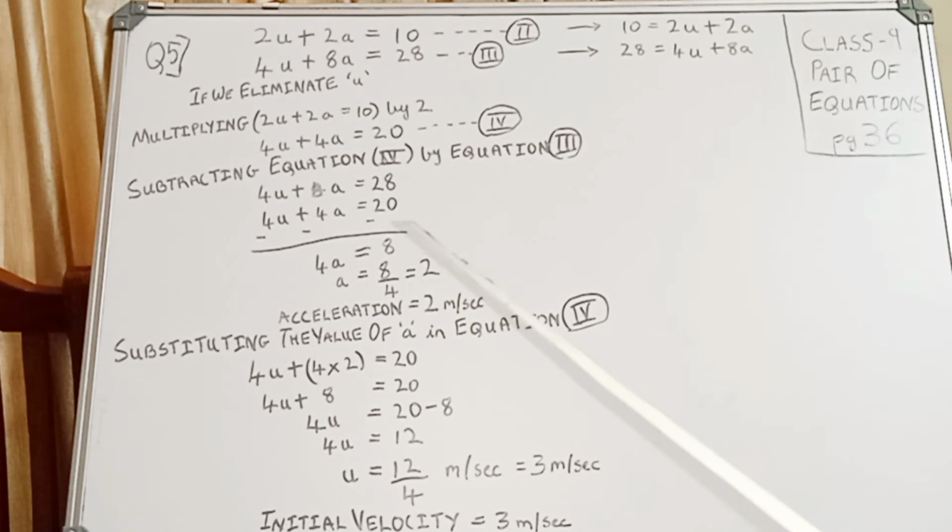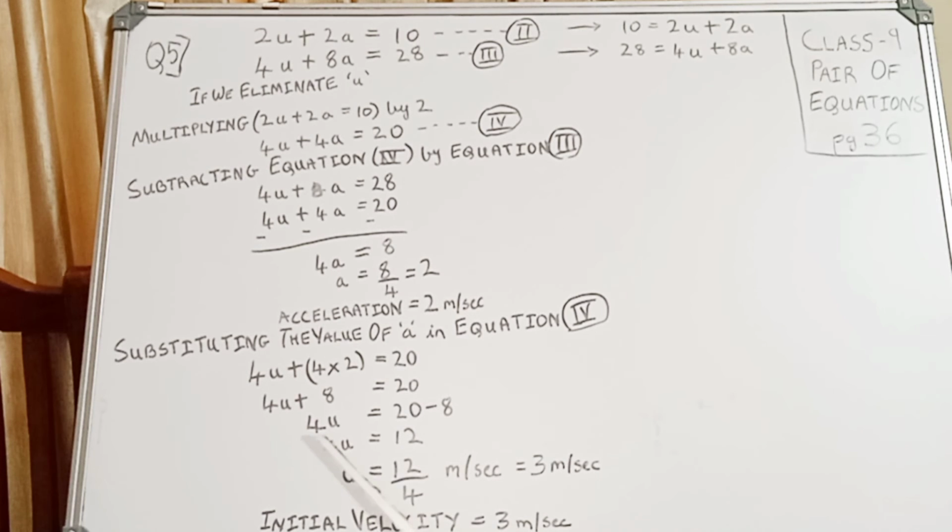We got this equation from equation number 4, just substituting the value for a, that's it. So 4u plus 8, from 4 into 2, is equal to 20. This 8, when it goes to the opposite side, the sign will change from plus to minus.